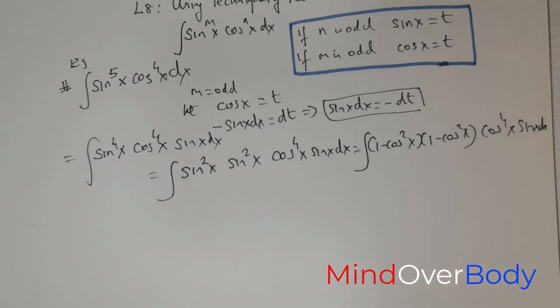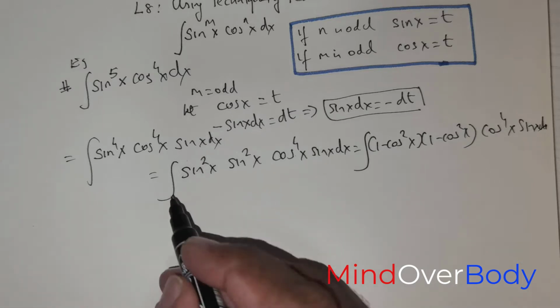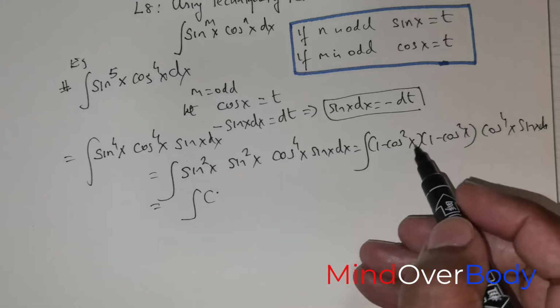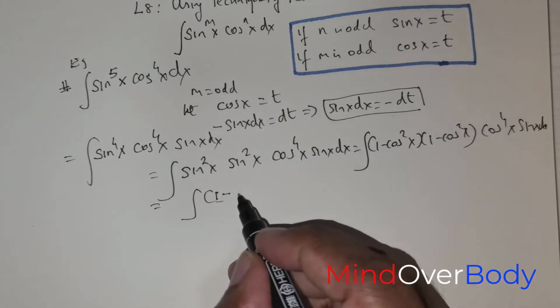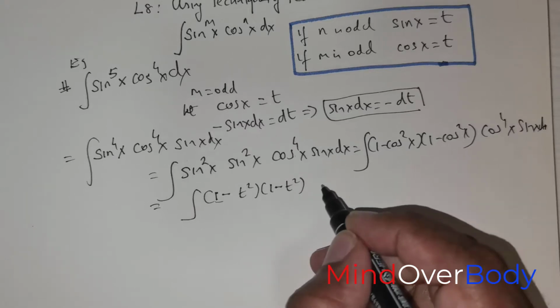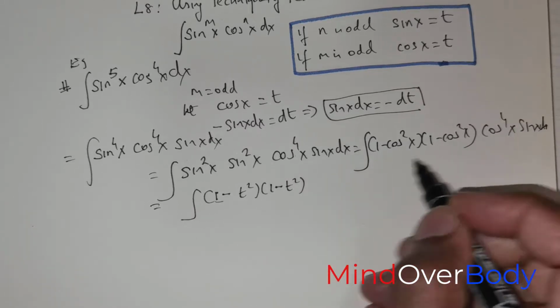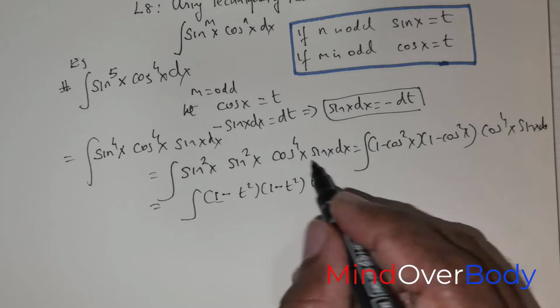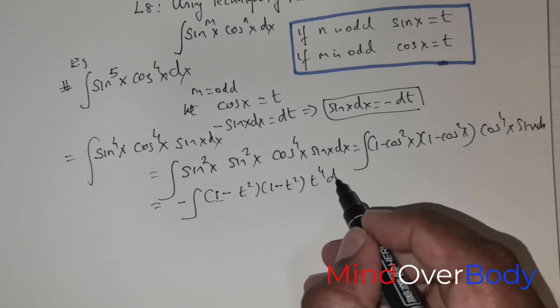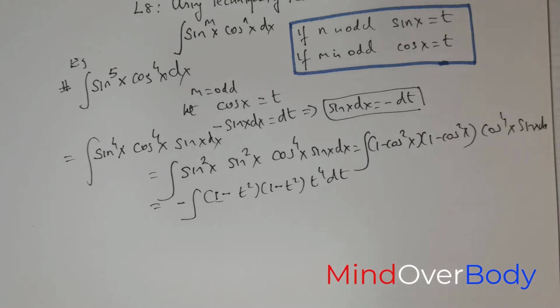Now we can make the substitution. In place of cos x it is t, so it's going to be 1 negative t squared times 1 negative t squared times t power 4, and sin x dx is negative dt. So I place a negative sign and I have a dt here.